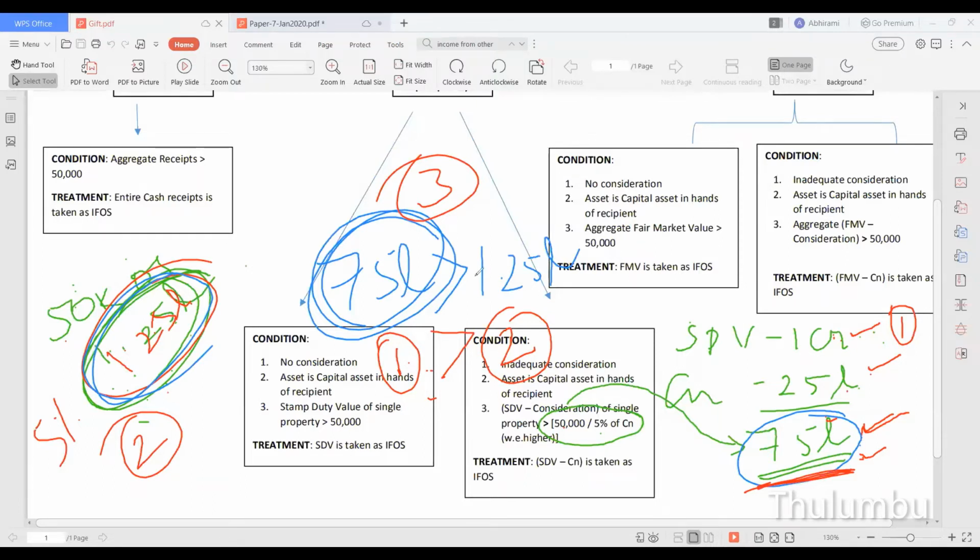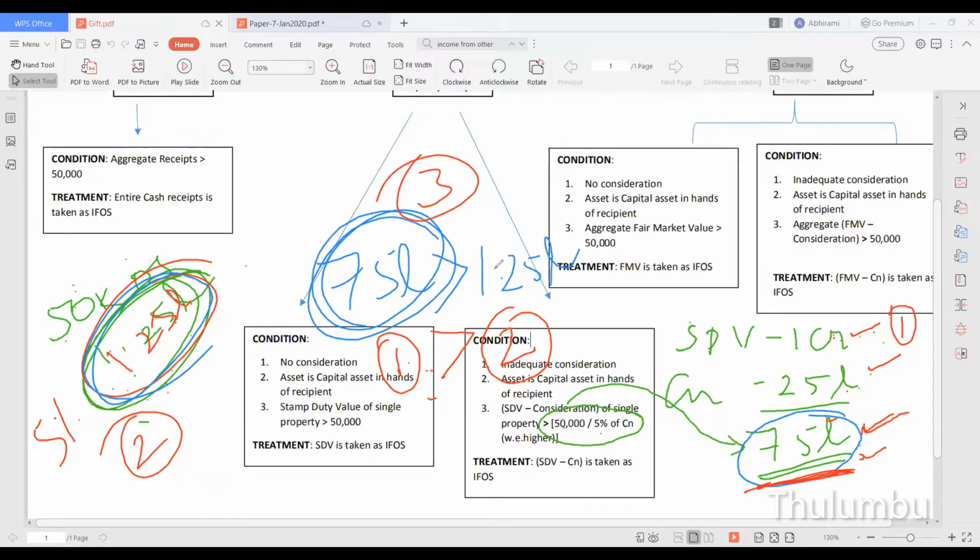So once again I repeat. First, find out the difference between stamp duty value and consideration. In the question they will give you the stamp duty value and consideration. Step number 2, find out whichever is higher, 50,000 or 1.25 lakhs.